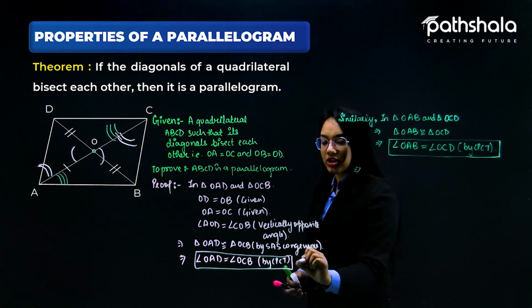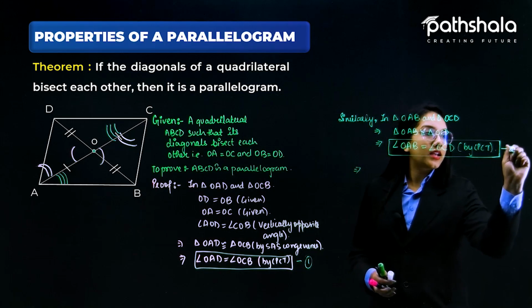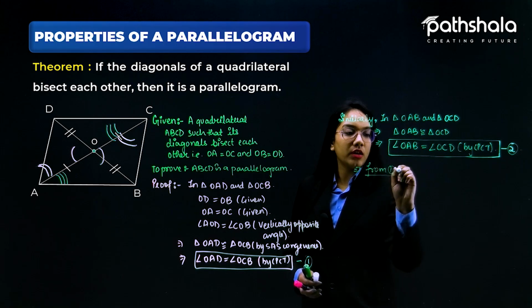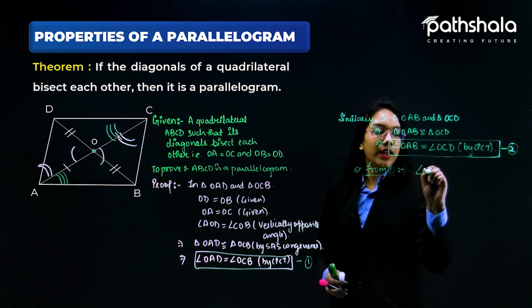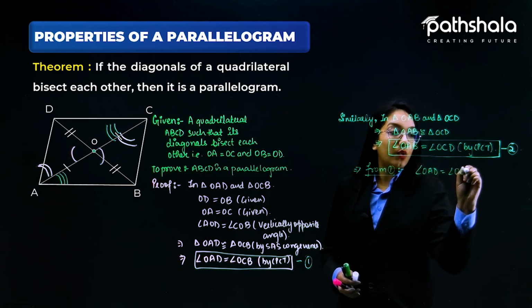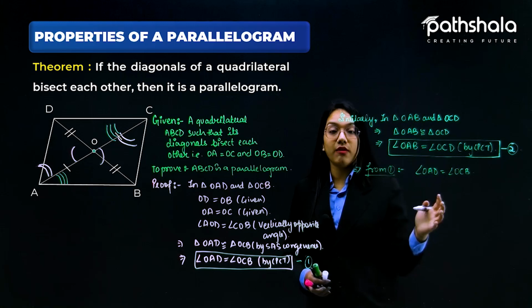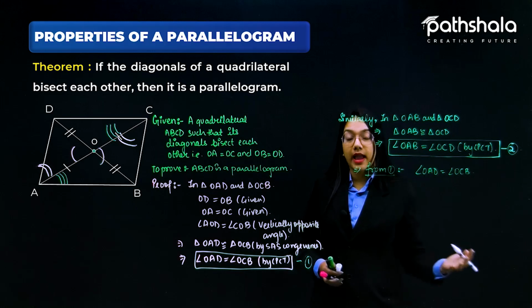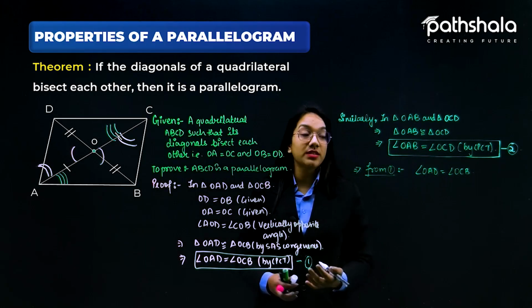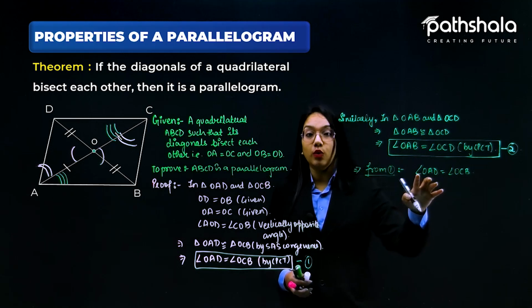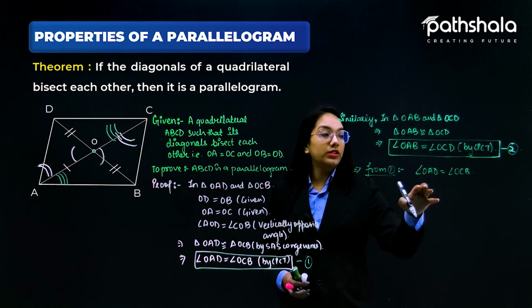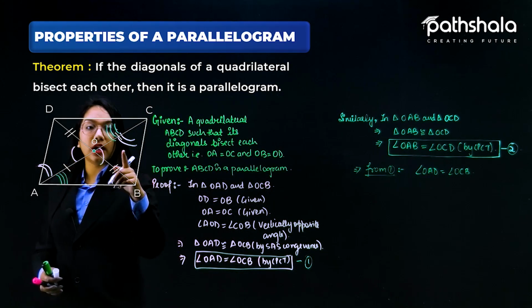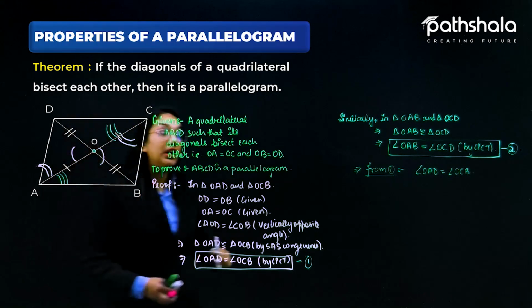Let me call them 1 and 2. From 1, we know that angle OAD is equal to angle OCB, and they form a pair of alternate interior angles, made between two parallel lines with the transversal. You can see I am talking about this angle and this angle, since they are formed with the transversal AC.